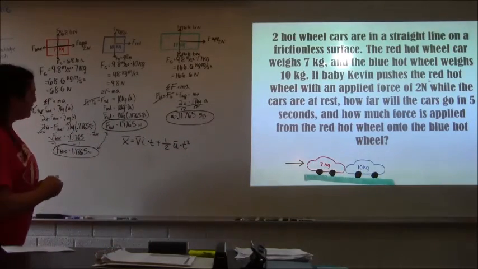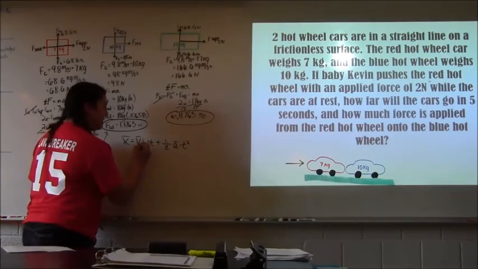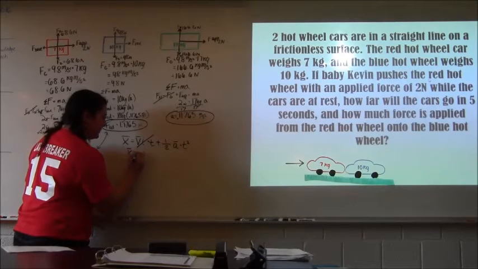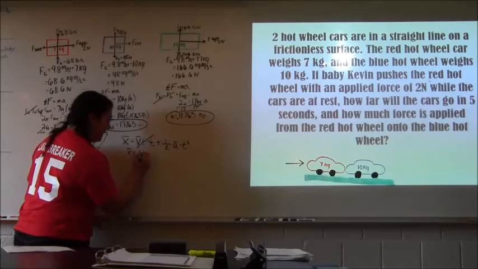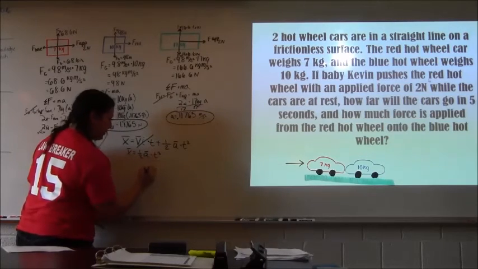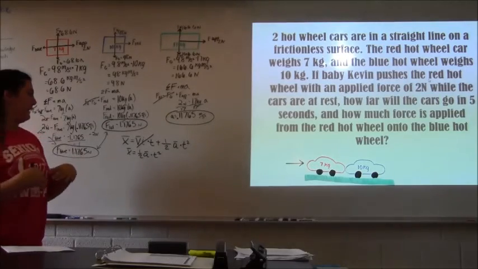Because we have an initial velocity of 0, this part cancels out. So we're left with displacement equals 1/2 times acceleration times time squared. Then it's simply plugging in numbers.